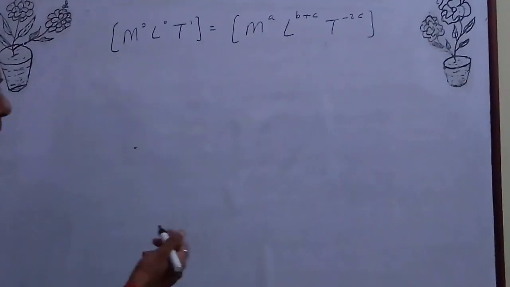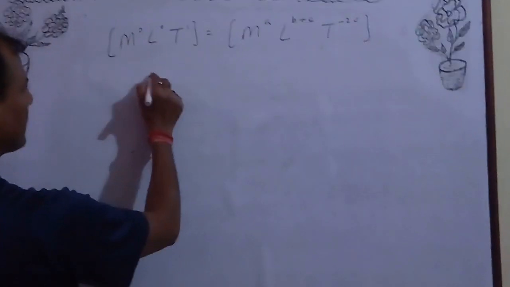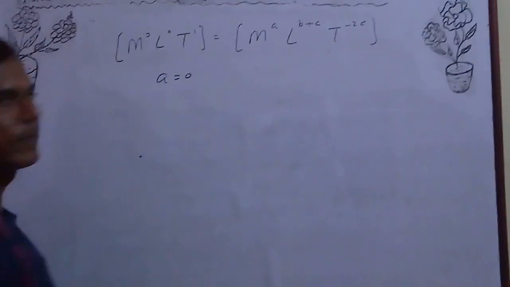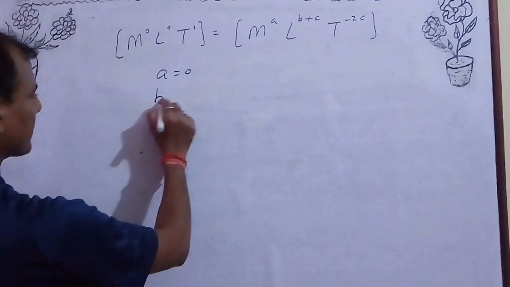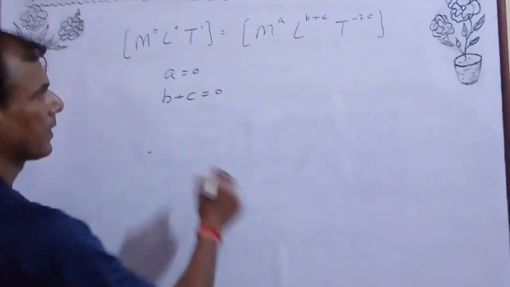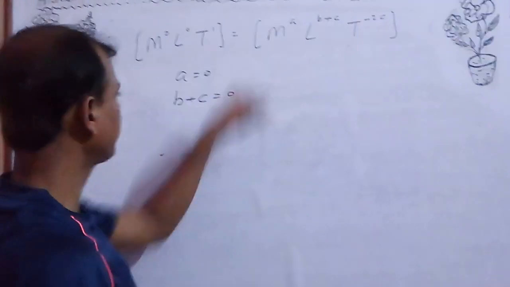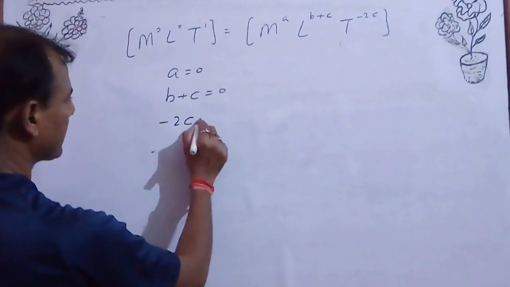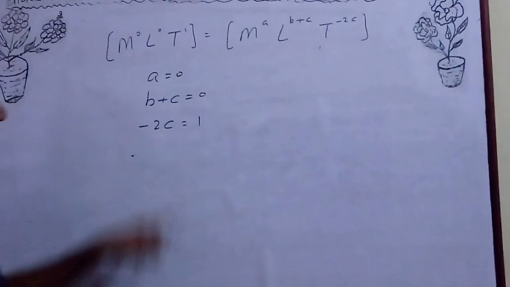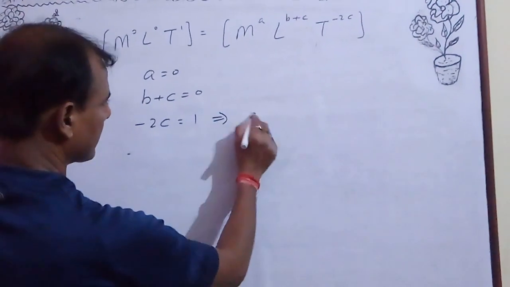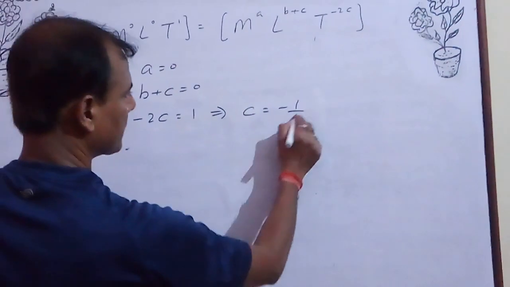On comparing, we see that a is 0. The second equation we get is b + c = 0. And third, comparing time, we get -2c = 1. So from this we get c = -1/2.